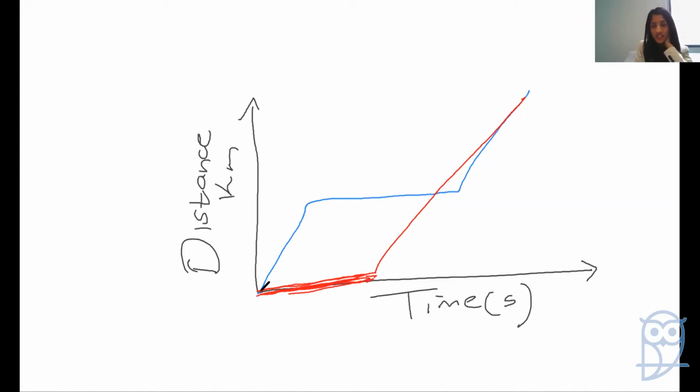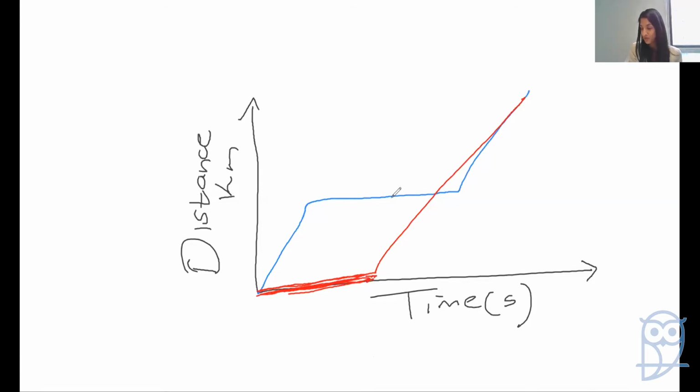So it is stationary, and then it stalls. And then it does the first period of travel. It starts and covers a distance at a constant speed for the rest of that graph, all the way to the top.